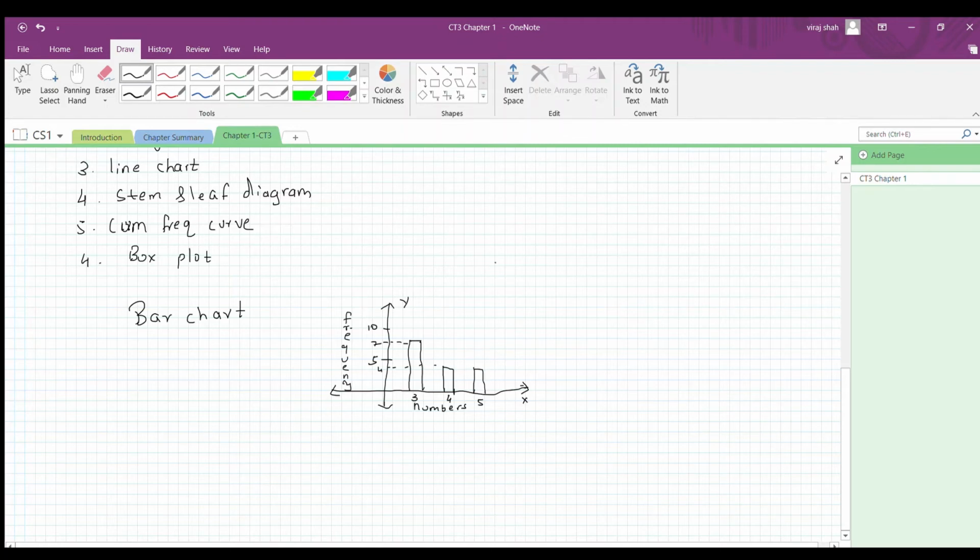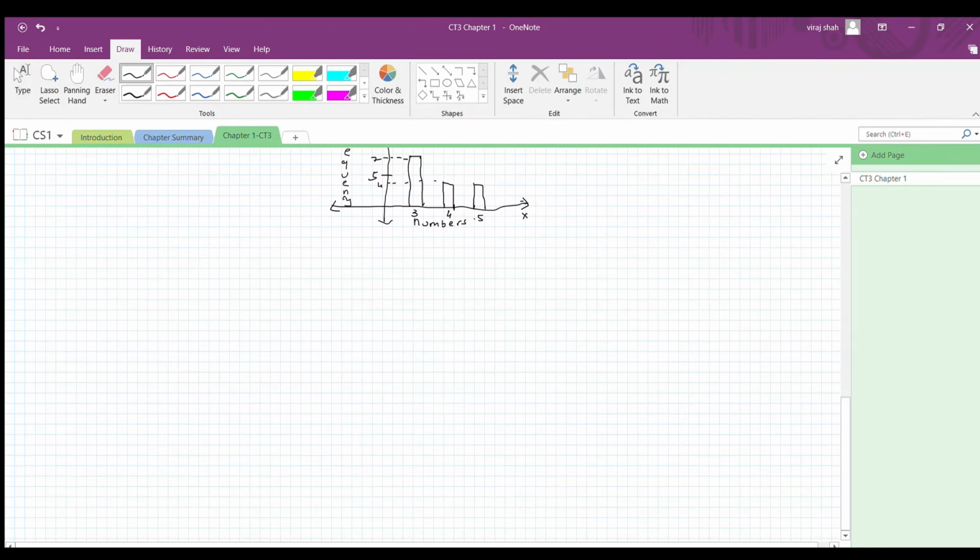If you want to differentiate between a bar chart and a histogram, you can see the difference like this. We are doing the histogram for the similar ungrouped data. Similarly, X would denote the numbers and Y axis would denote frequency, so let me write down frequency.